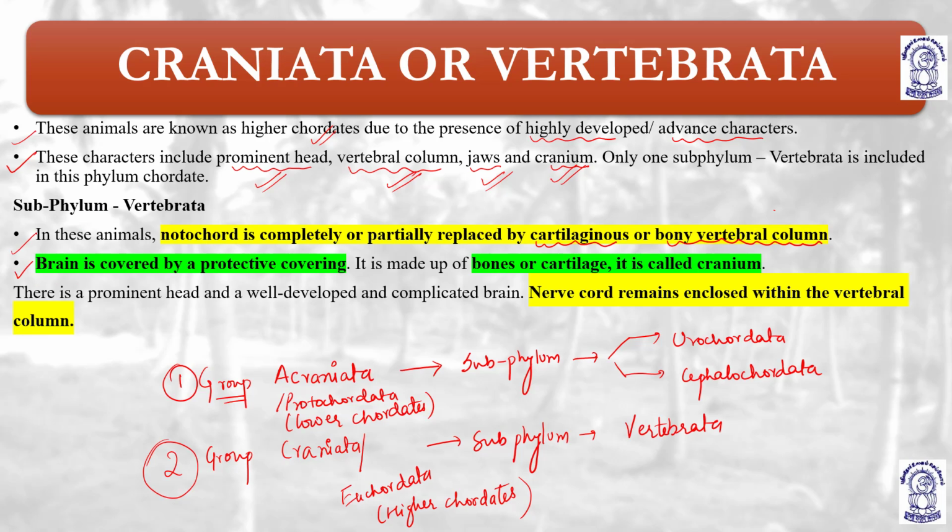Brain is covered outside by a protective covering made up of either bone or cartilage, and this covering is known as the cranium, also known as the brain box.